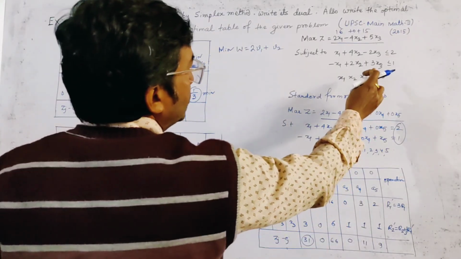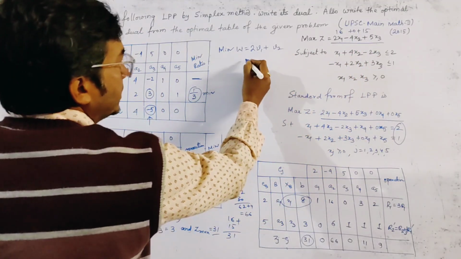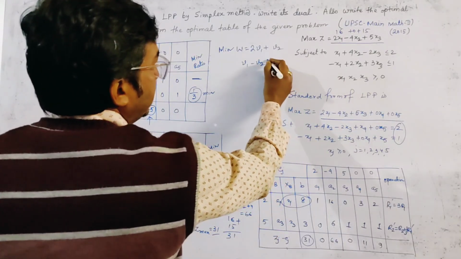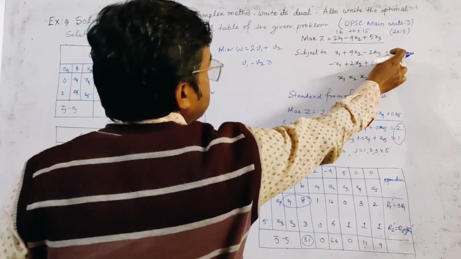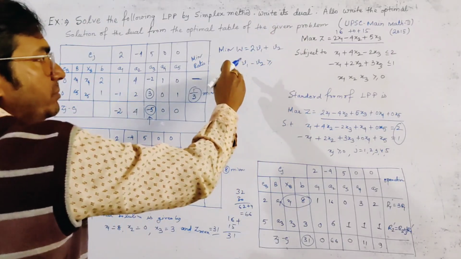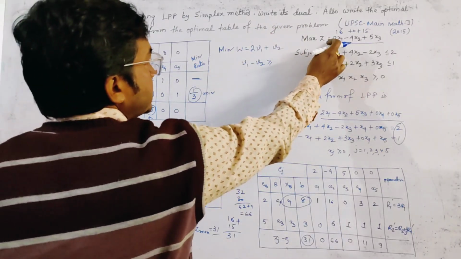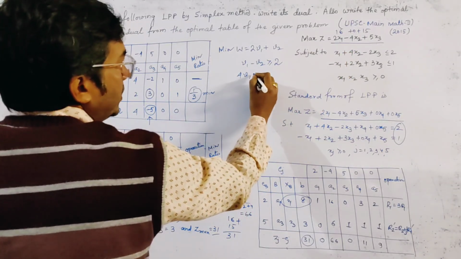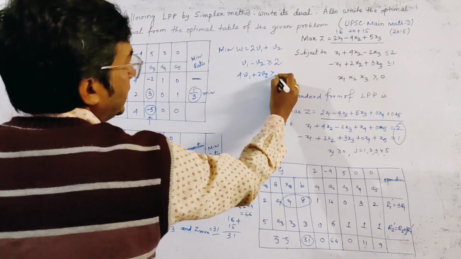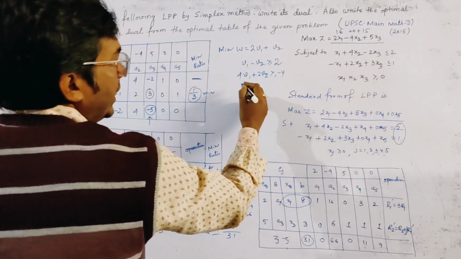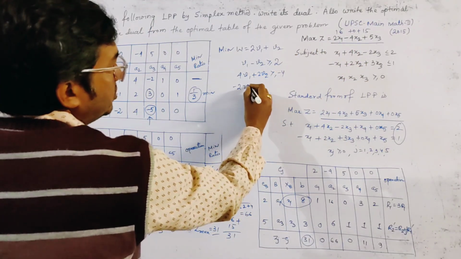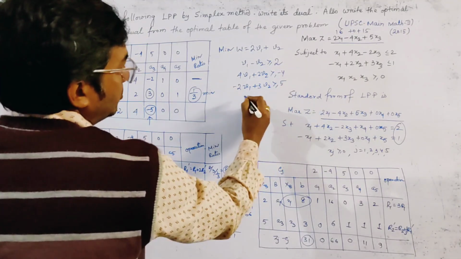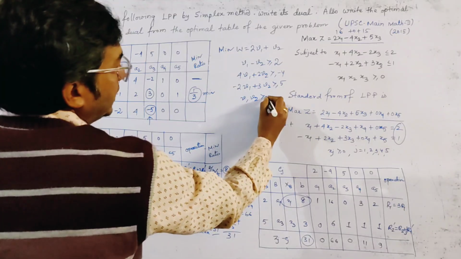Okay. Now the constraints are given by v1 minus v2 greater equal to type, because these constraints are less equal to type. So in the dual problem it is greater equal to type, greater equal to c1, so 2, and the second constraint is 4v1 plus 2v2 greater equal to minus 4, and the last constraint is minus 2v1 plus 3v2, this is also greater equal to 5, with v1, v2 greater equal to 0.